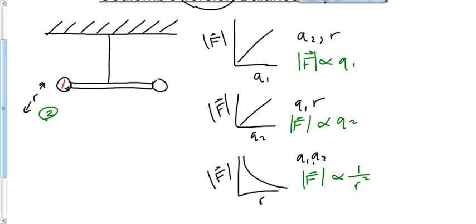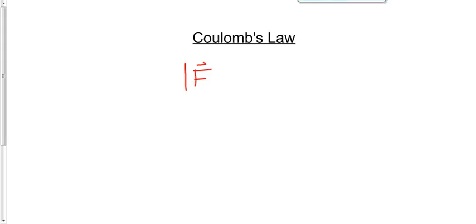If F is related to Q1 and related to Q2 and inversely related to the square of the distance, then we can put those relationships together and say that F is related to Q1, Q2, and the inverse of R squared together.